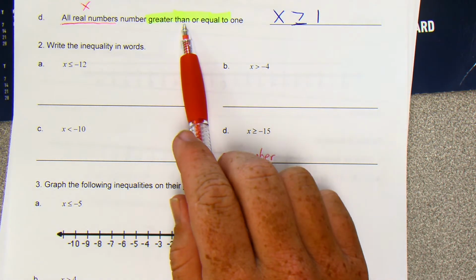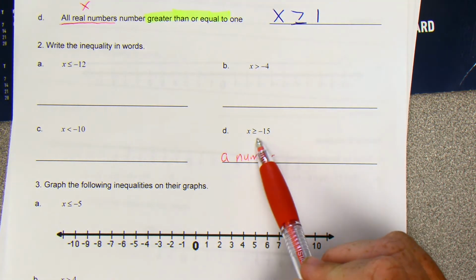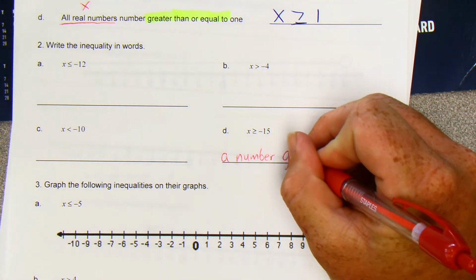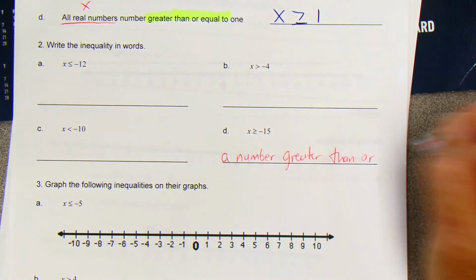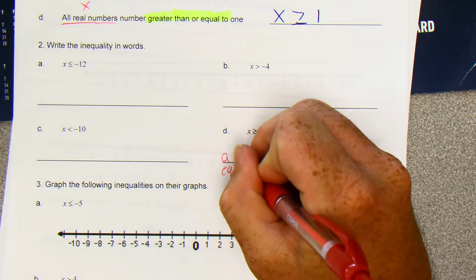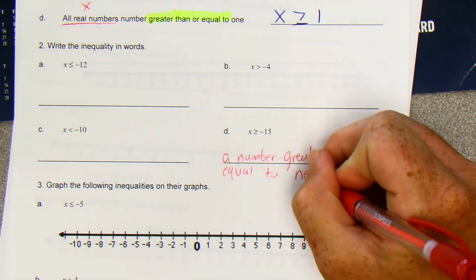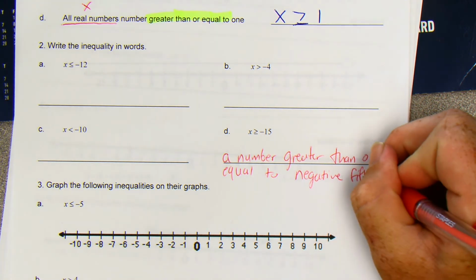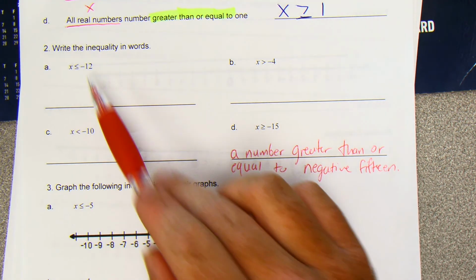If you can see, greater than or equal to is what we used here. It looks very similar to that. So we know that this is actually greater than or equal to. You would also see that if we went back to our notes and looked. So I'd put greater than or equal to. And then negative 15 is the number. So I would write negative 15. Okay, so for those ones, you are simply turning this inequality into words.